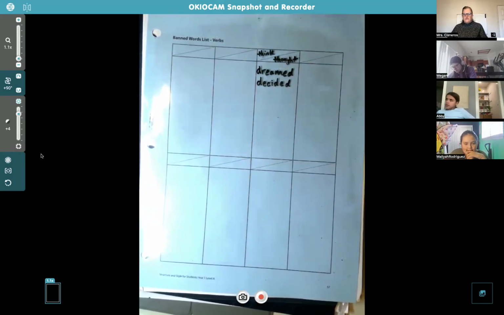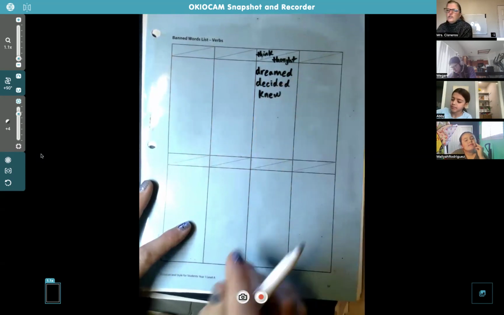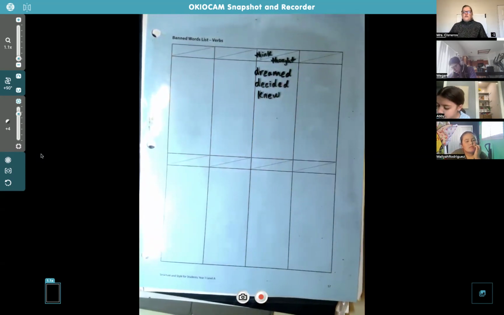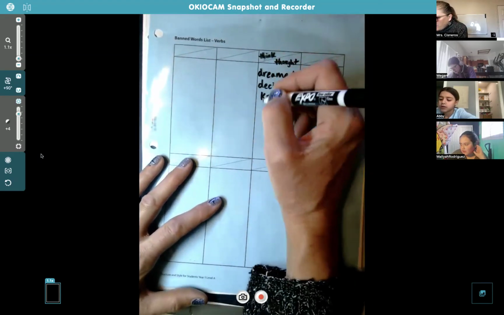This is a tricky one. How about the word knew with a K? Like I knew it was going to rain today because of the clouds or something. Instead of I thought it was going to rain, I knew it was going to rain. I believed it was going to rain. Believed.